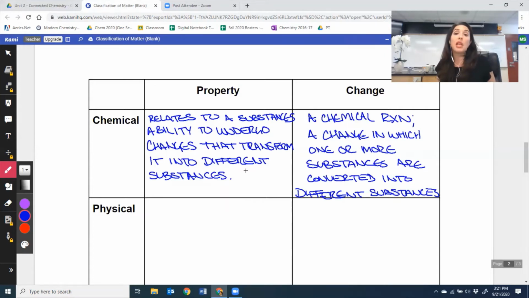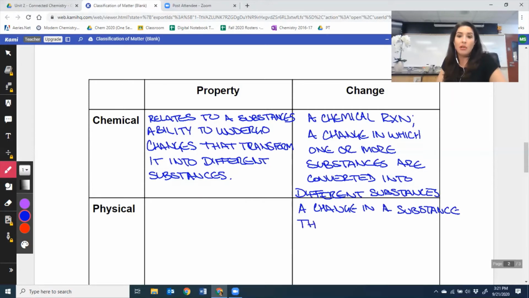We're just talking about H2O in its liquid versus its gas form. So this is a prime example of a physical change. So a physical change is a change in the substance that does not involve a change in identity.